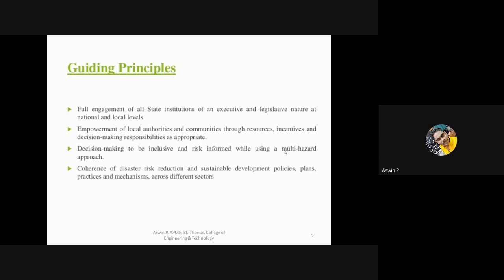And then the fifth guiding principle is full engagement of the whole state institution, very important: full engagement of all state institutions of executive and legislative nature at national and local level. We should engage all the state institutions, including government institutions and private institutions who are responsible for reducing disaster.